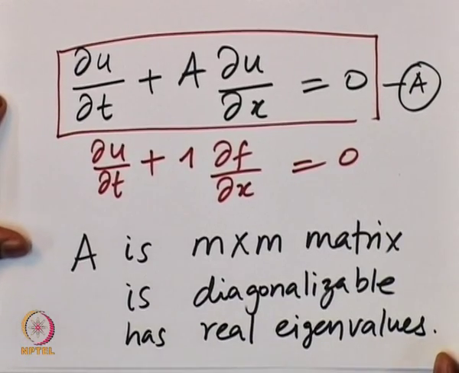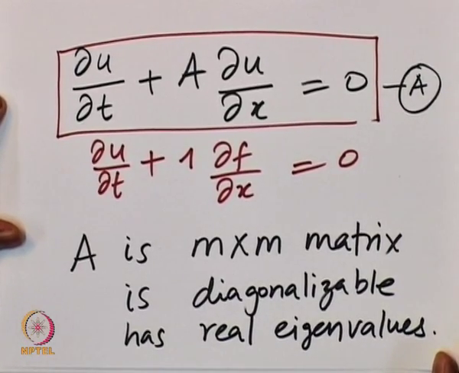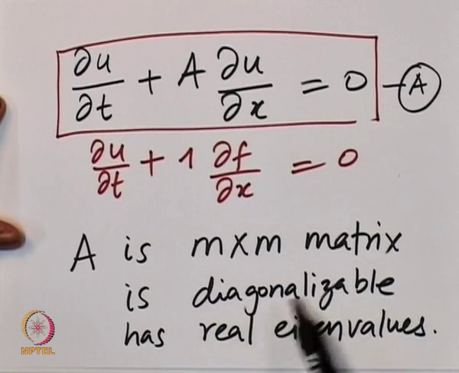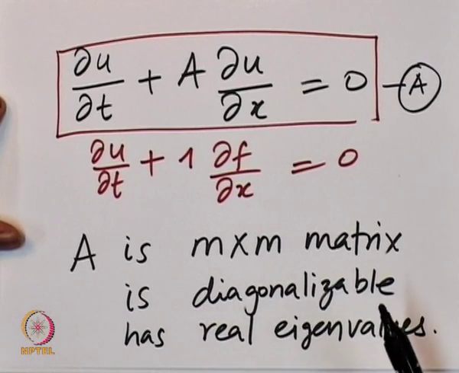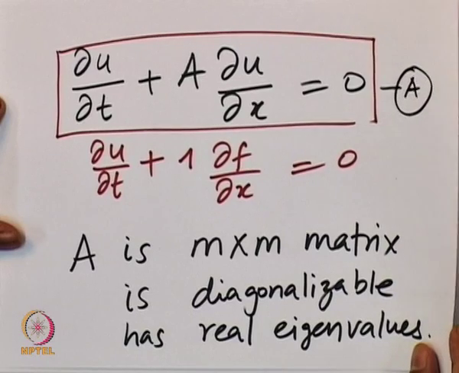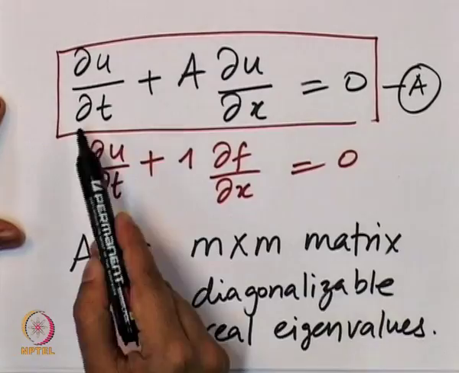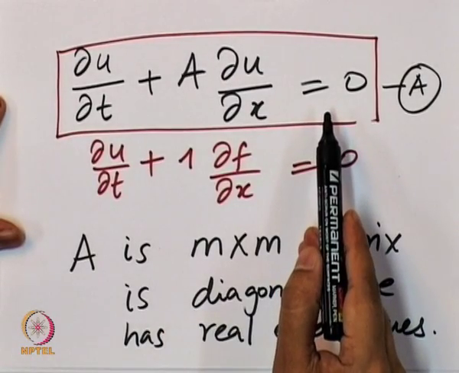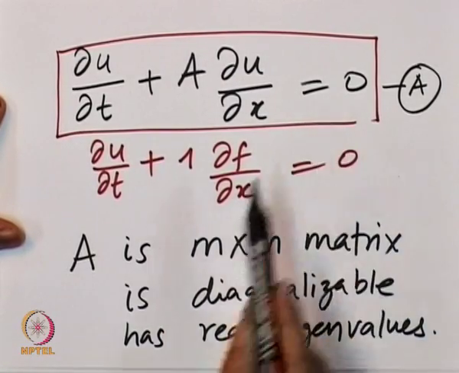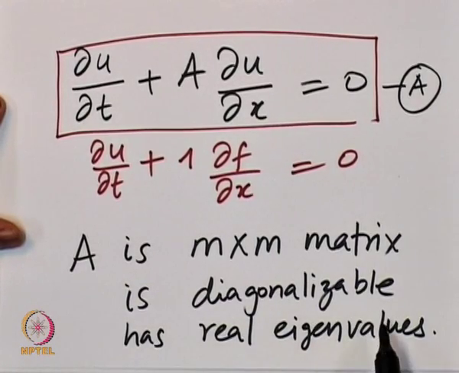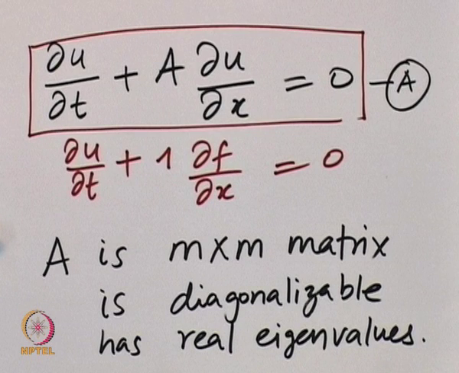We know from basic linear algebra that a square matrix that is diagonalizable will have certain eigenvalues, and in the case of this form we call this equation hyperbolic if A is an m by m matrix, it is diagonalizable, and it has real eigenvalues.